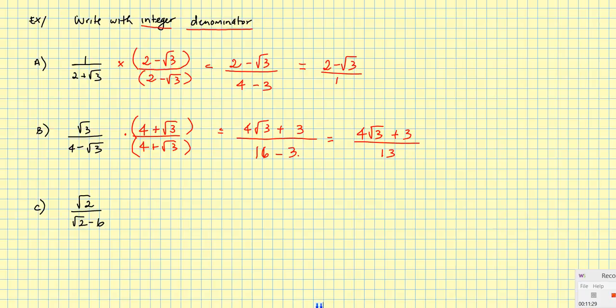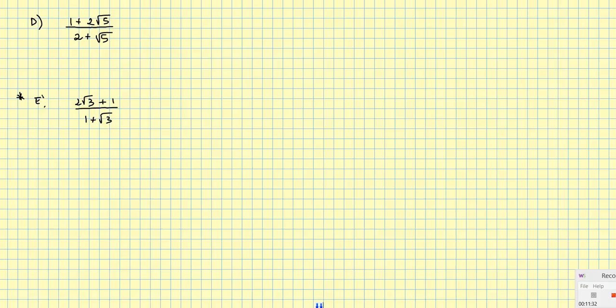Okay, let's move on to some questions that get slightly more complicated. So let's look at E, for example. We're going to multiply top and bottom here by 1 minus root 3 over 1 minus root 3, so that we have 2 root 3. So again, we're going to have to FOIL here on the top.